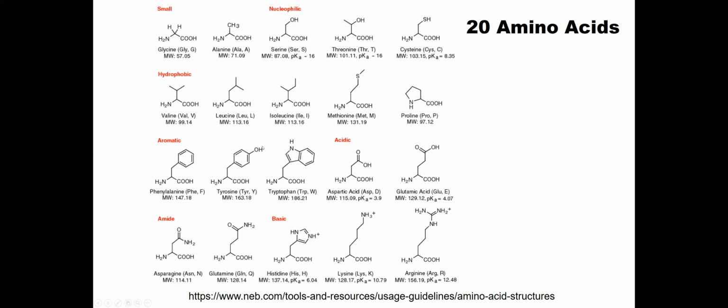Also, some amino acids are very simple, like alanine or glycine, but some look quite complicated, like tryptophan, with a bigger structure. That means these amino acids are maybe more expensive to make and more precious.